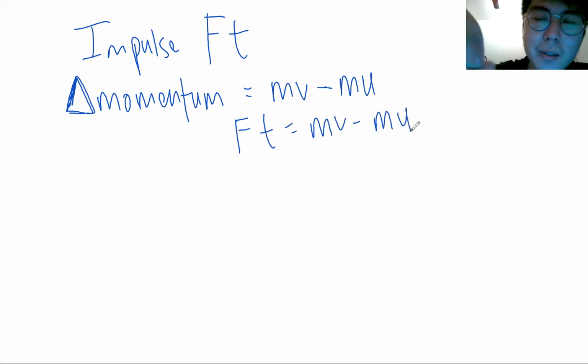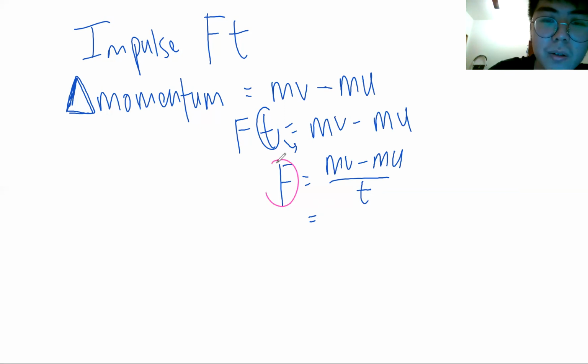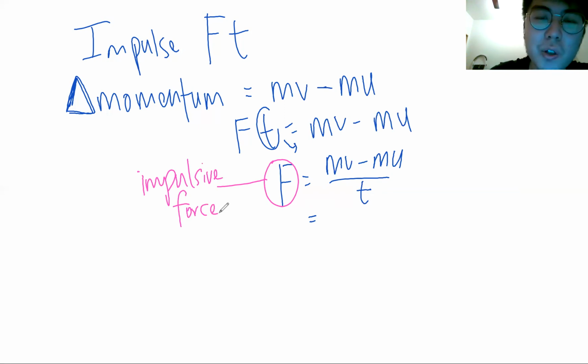Now from here, if I move the t over, F equals mv minus mu over t. This force we call the impulsive force. Just like the example just now, when a ball is thrown at your face, you feel the force.